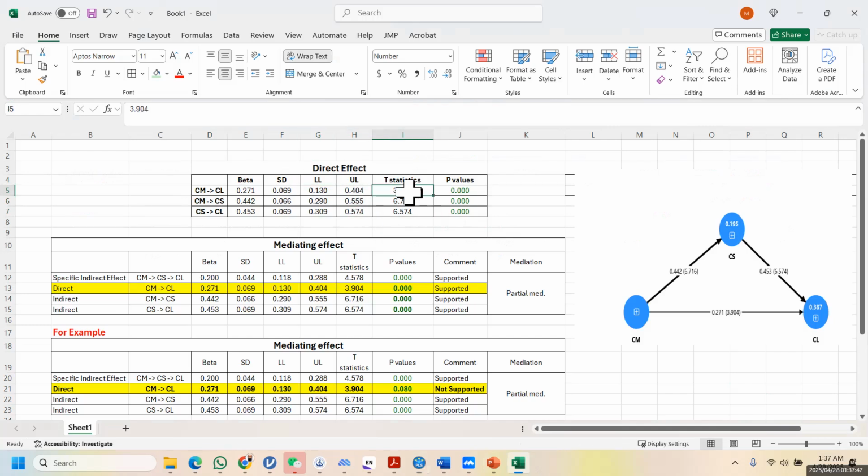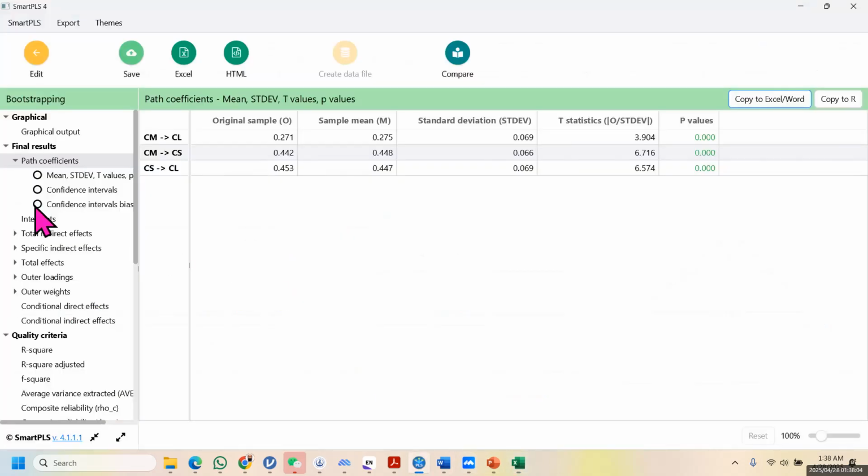How to calculate the T value? The beta coefficient divided by the standard deviation gives the T value. So the direct effect is significant, and also the mediating effect, where we find the specific indirect effect.